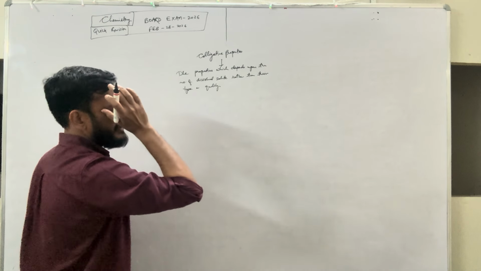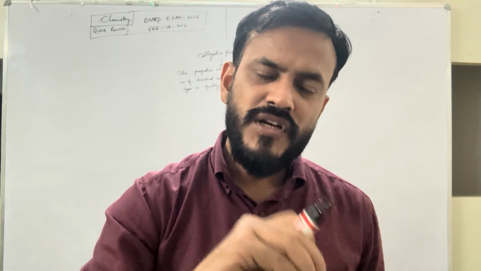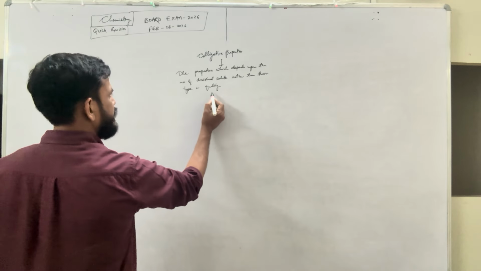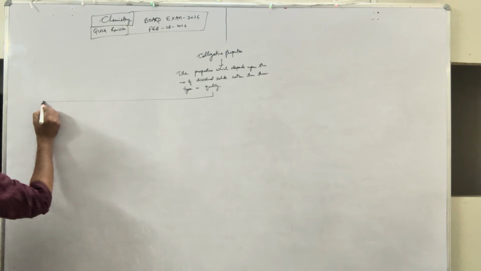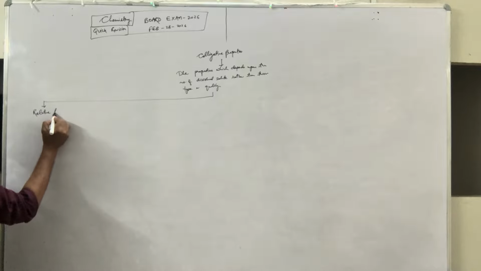So colligative properties are the properties which depend upon the number of solute particles dissolved in a solvent and not their types. There are four colligative properties. One is relative lowering of vapor pressure.